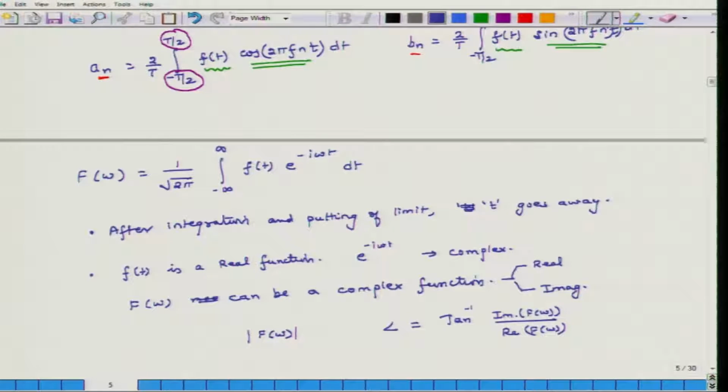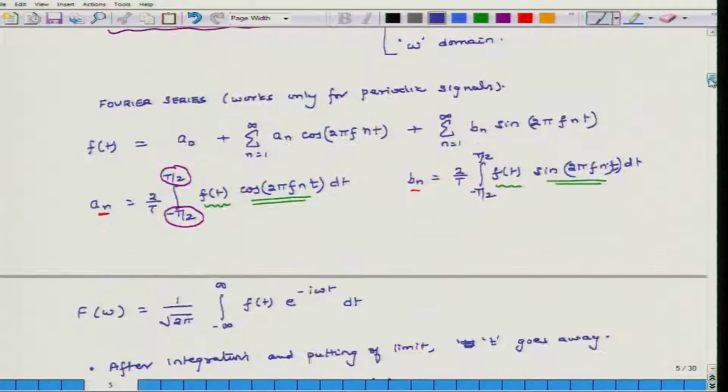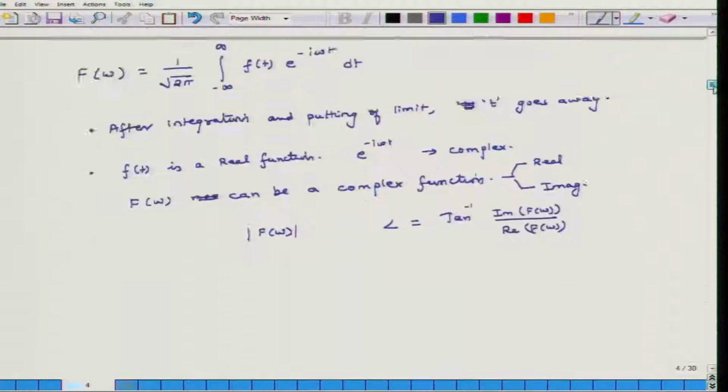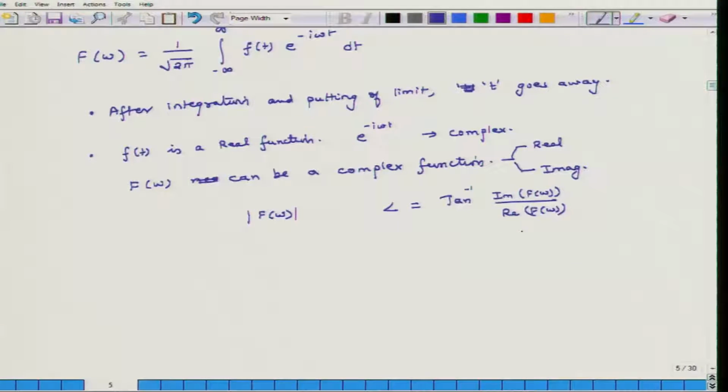Essentially, the imaginary component maps to the sine term and the real part maps to the cosine term.